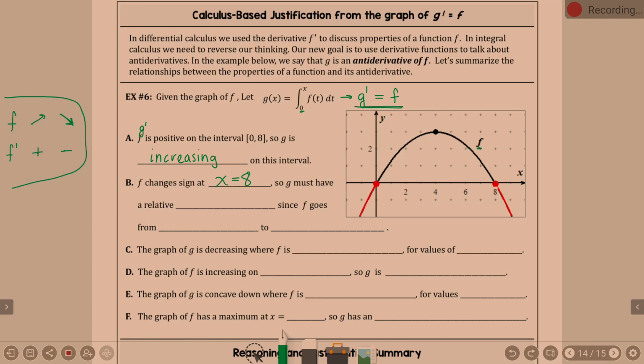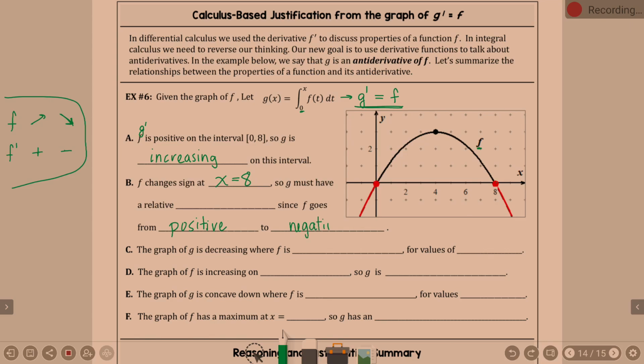So G must have a relative blank since F goes from blank to blank. So what's F go from? F goes from positive to negative.